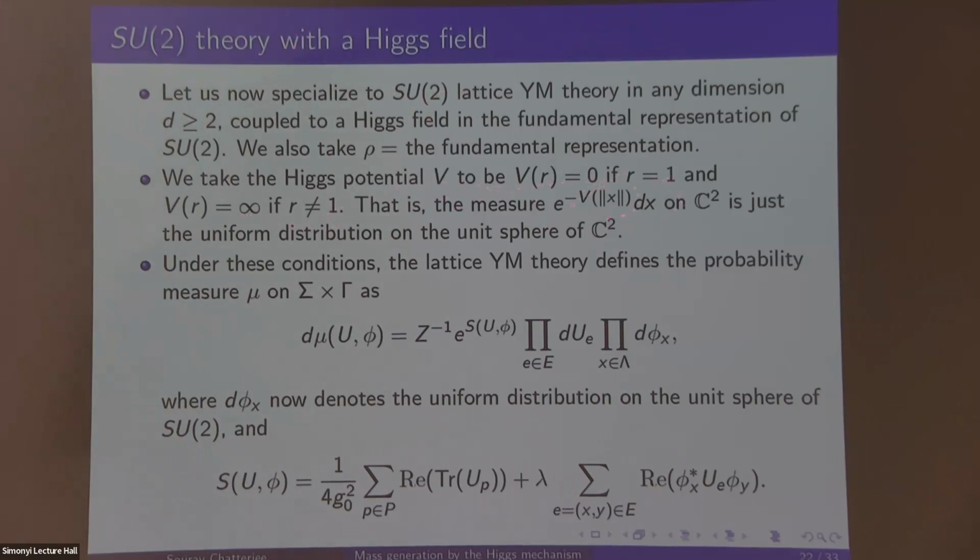So this measure e to the minus V of norm x dx just becomes a uniform measure on the sphere. And so d phi now just means a uniform measure on the sphere. That's not a non-standard thing. Lots of physics papers do this. Sometimes it simplifies things, sometimes it doesn't. But from now on in the talk, I'll focus on this particular model.